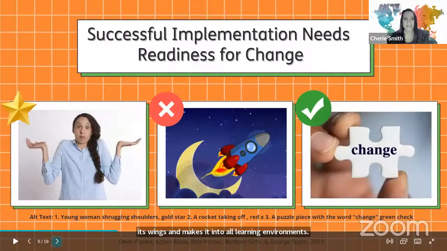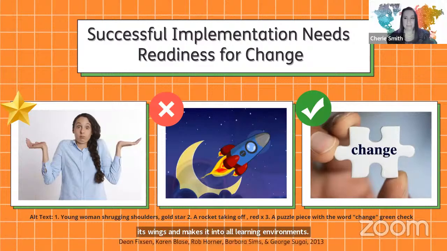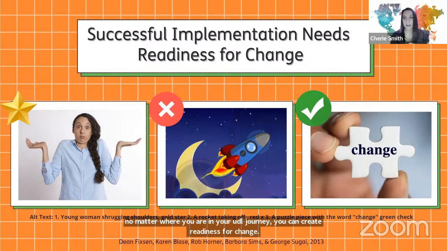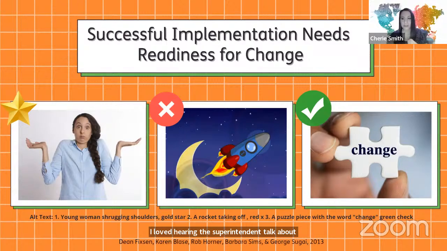All right. An important part of our session today is helping you become advocates and really create readiness for change. So no matter where you are in your UDL journey, you can create readiness for change. I loved hearing the superintendent, Carrie, talk about their journey. We've even talked to schools who felt like maybe they were past that, that they already had created readiness for change.